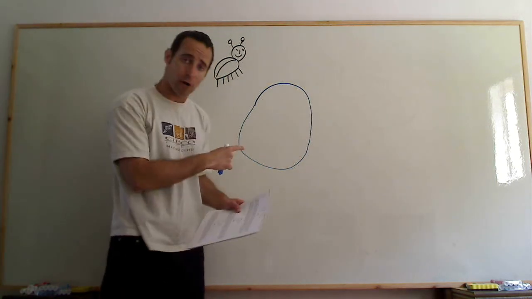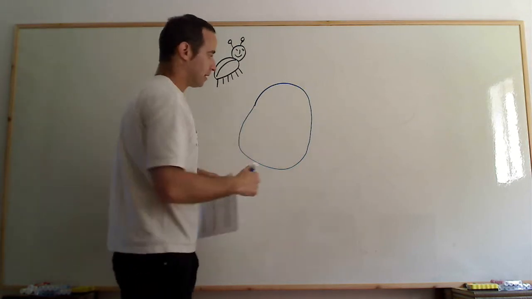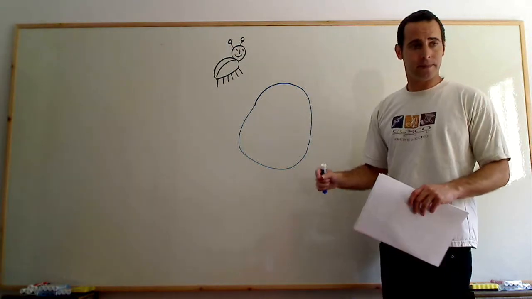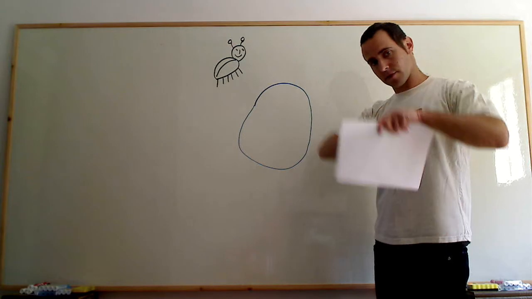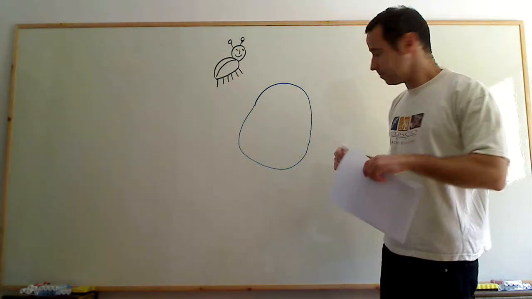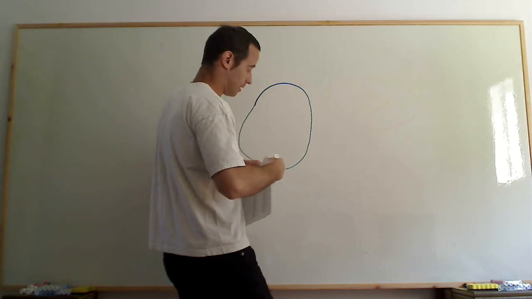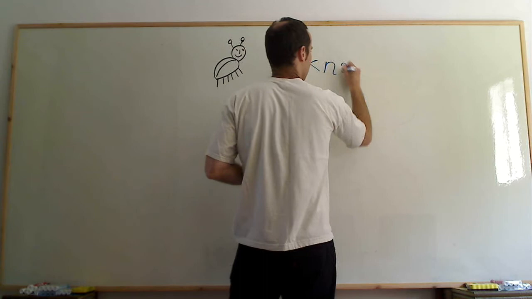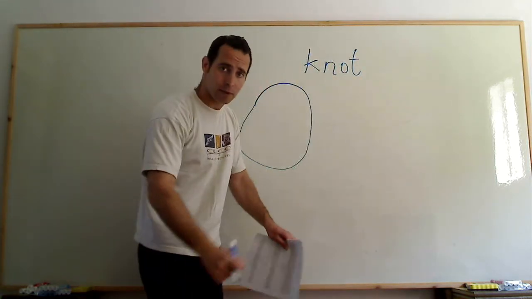Now I'm showing you how. If we took this line and imagine that this is a rope, okay? This is a piece of string or a rope. You can tie it, you can make a knot. Okay, let's make a knot. Like we do with the shoelaces, we tie a knot.